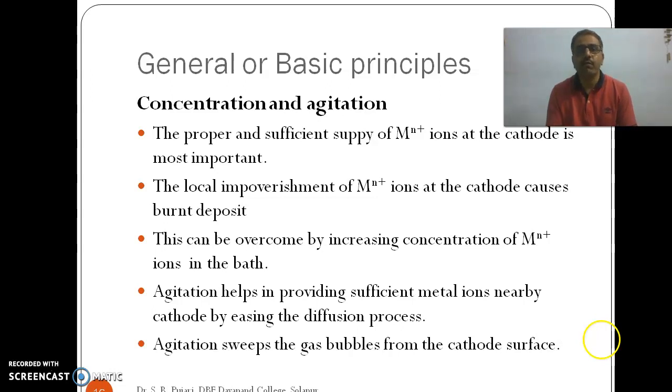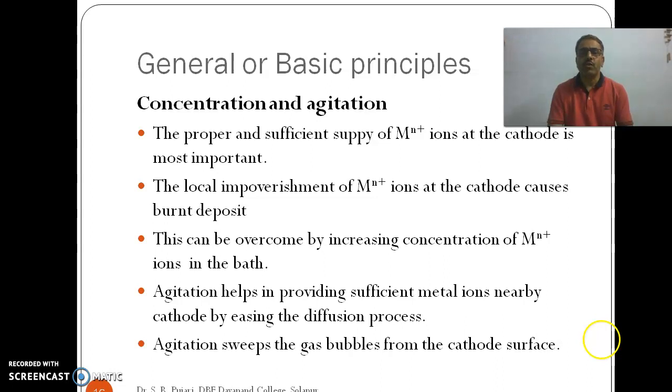And this can be overcome by increasing the concentration of the metal ions in the bath. And how to increase? Either by increasing the metal concentration, or you can just agitate the solution. You can stir up the solution. Because of the stirring, the diffusion process is facilitated and sufficient metal ions will move towards the cathode surface. Agitation also gives another advantage: it sweeps away the gas bubbles from the cathode surface.